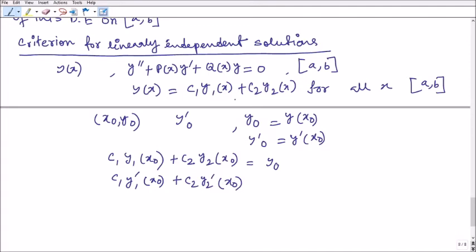Suppose the derivatives of the independent solutions exist, then C1 y1 dash x0 plus C2 y2 dash x0 is equal to y dash 0, which is equal to y dash of x0.